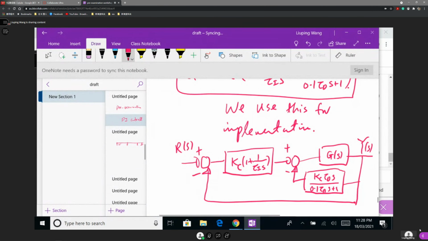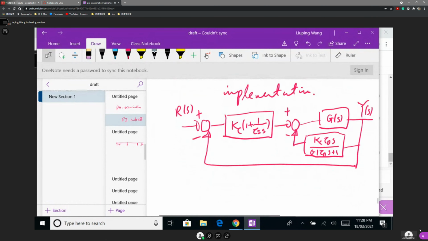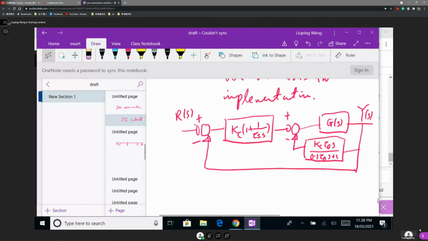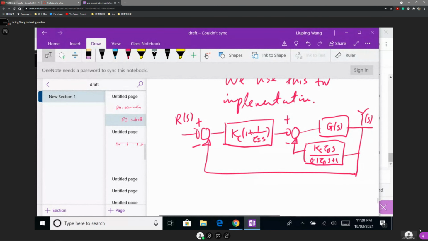So we use this derivative always on the output only, because I don't want the reference signal change to make a big derivative kick on the system, right? So the derivative goes to the output only.